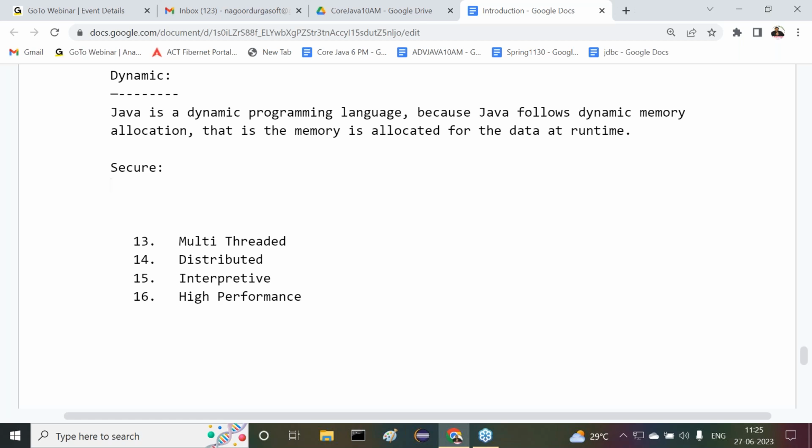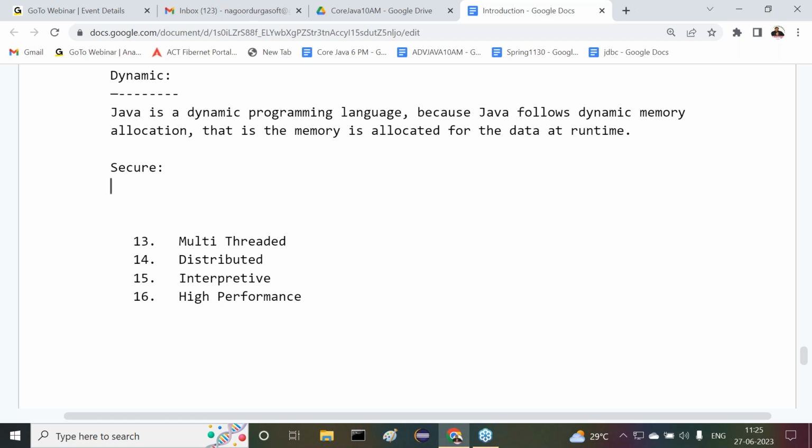Java Authentication and Authorization Service. Right, sir, now understand it clearly. So finally, Java provides our web application security by using JAAS, Java Authentication and Authorization Service.